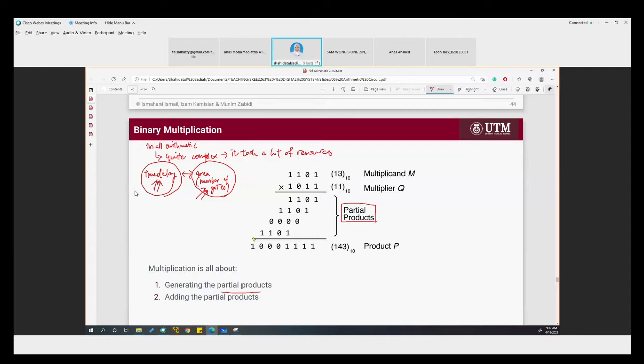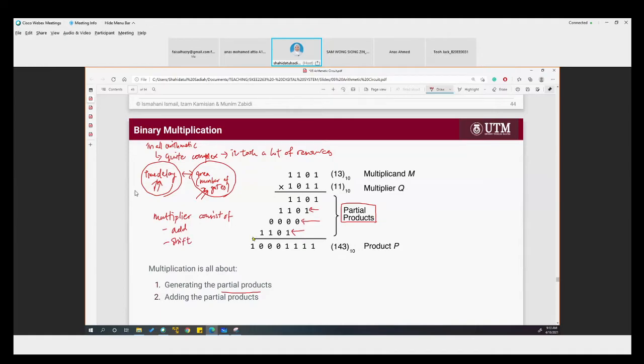And we also need another operation, which is shifting. A multiplier consists of add and shift.